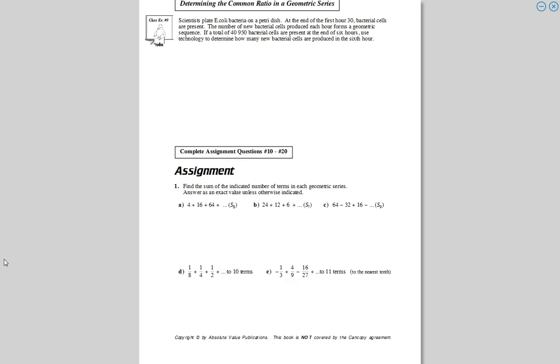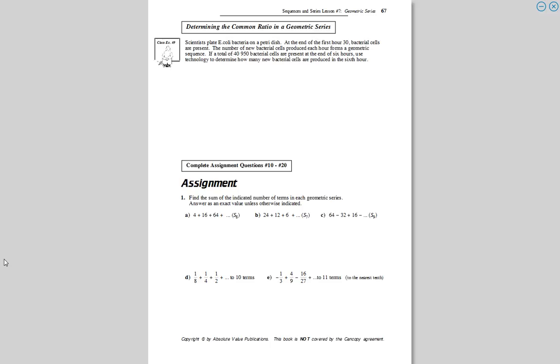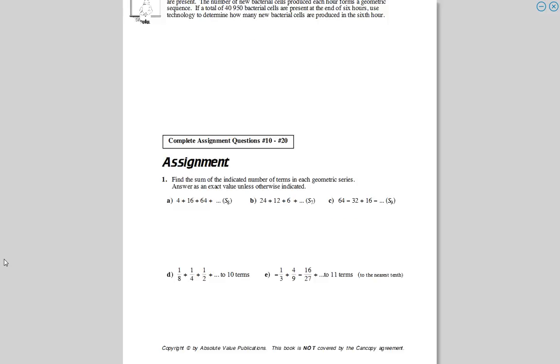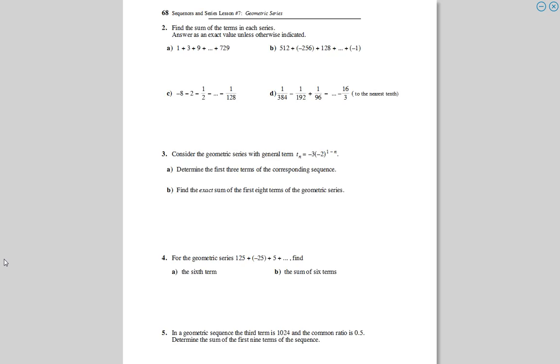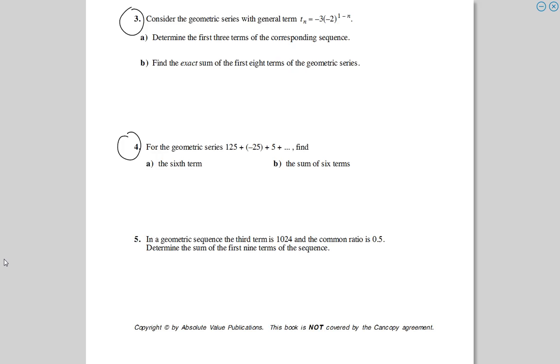Okay, so I think we're on page 67 for your homework. Okay, so number 1 for sure. Number 2 for sure. Number 3 for sure. Number 4 for sure. And 5.